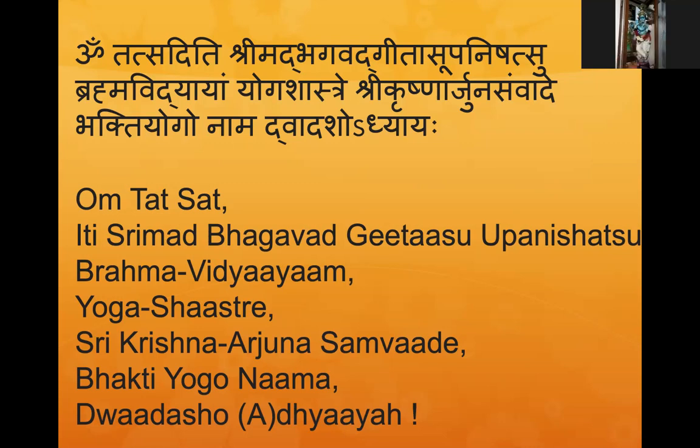So this is the completion of this chapter of truth, spoken by the Lord in the form of the Srimad Bhagavad Gita, which is considered one of the 18 Upanishads. I think it's called the Gita because the Lord literally sang these verses on the battlefield of Kurukshetra.